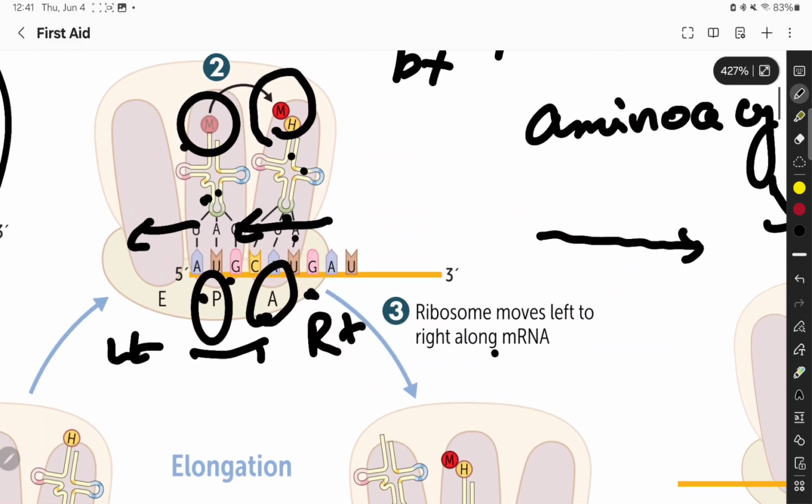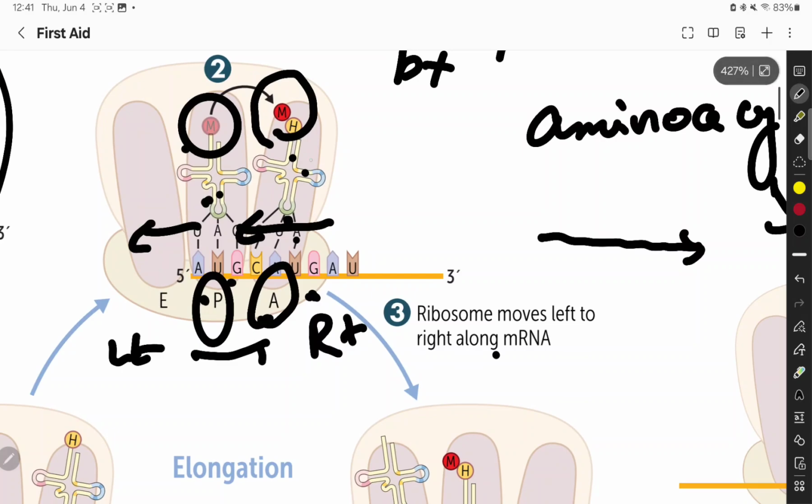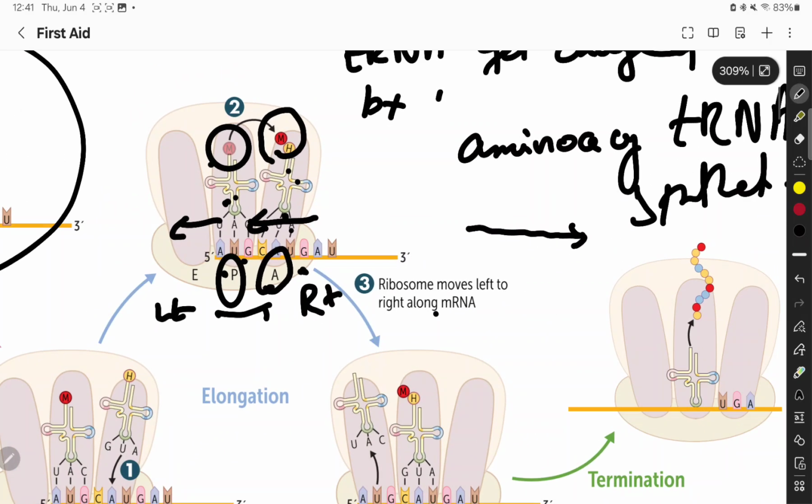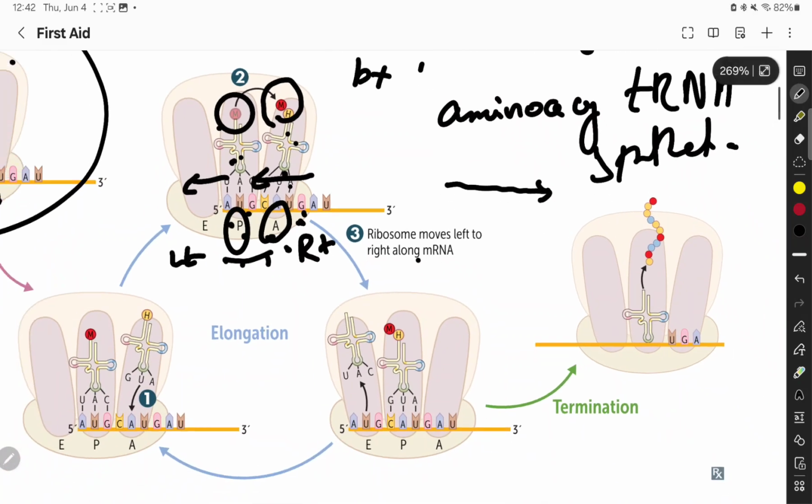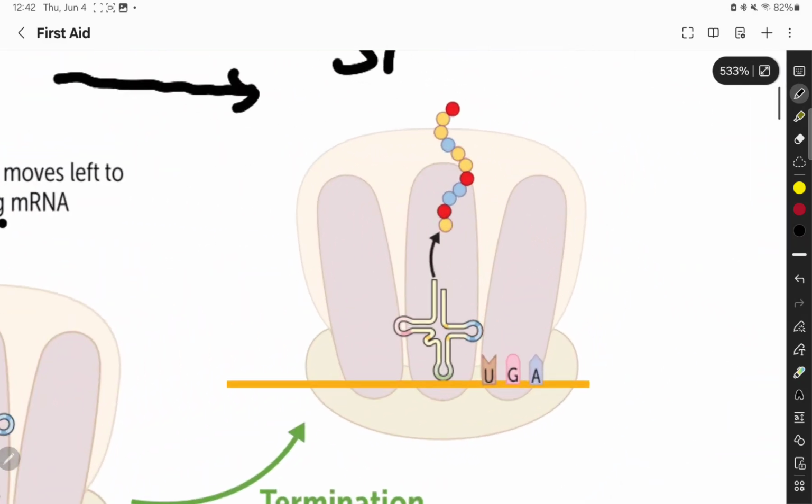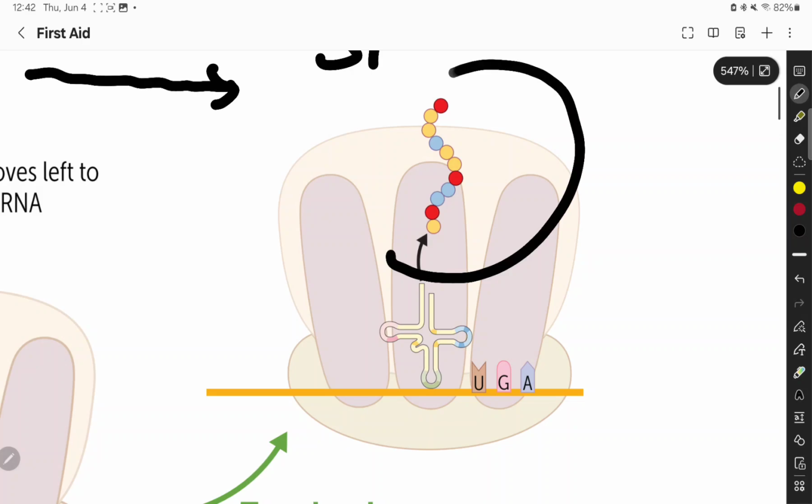Similarly, the process repeats and another transfer RNA that is charged is going to bind to the A site, and the transfer RNA on the P site transfers its amino acid to the A site, and this way elongation takes place and an entire peptide chain is synthesized.